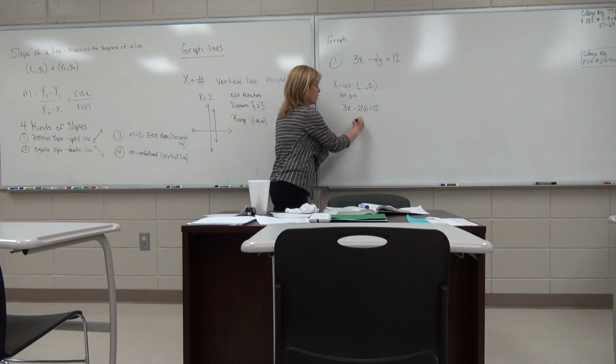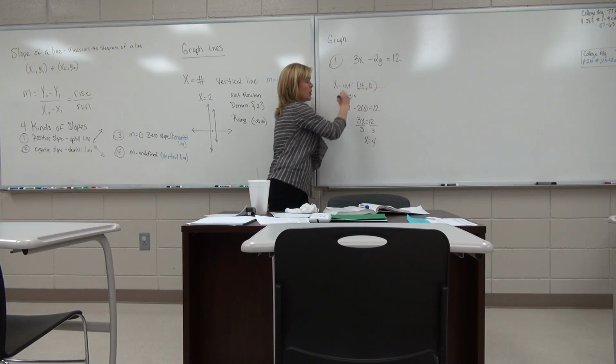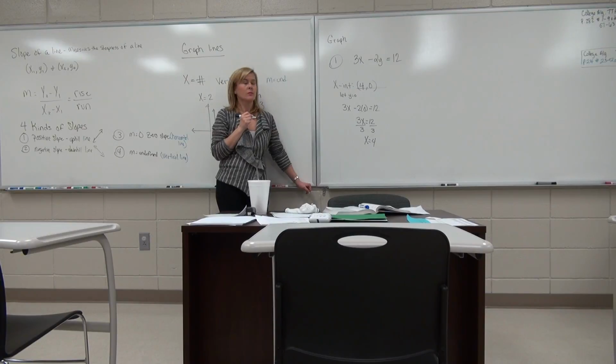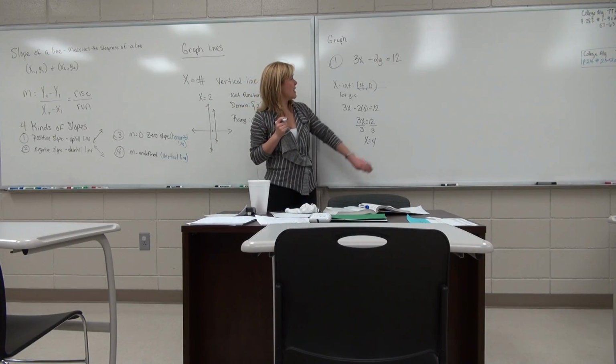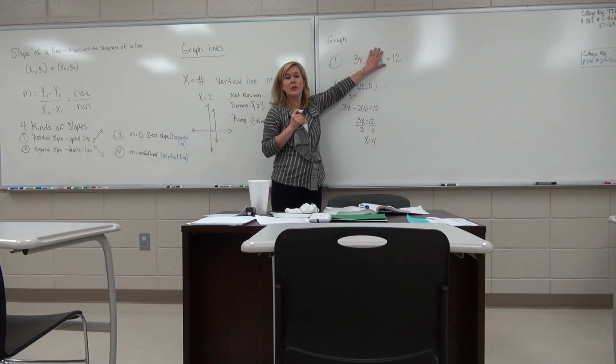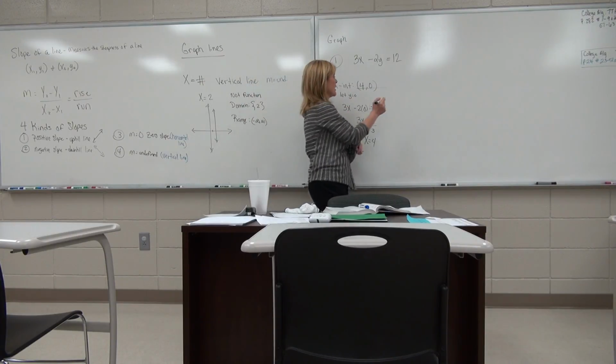Well, that's when 3x is equal to 12. Divide both sides by 3. So it's when x is 4. And you can tell by looking, another little shortcut. If it's in standard form, if y is 0, that term's gone. So when is 3x equal to 12? When x is 4. So you don't really have to do all this work. You can tell by looking.